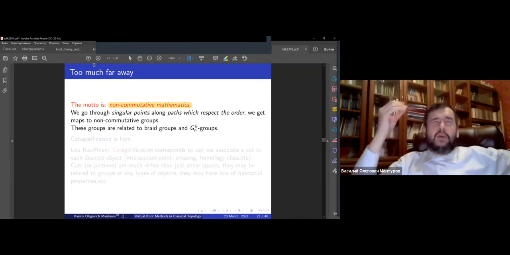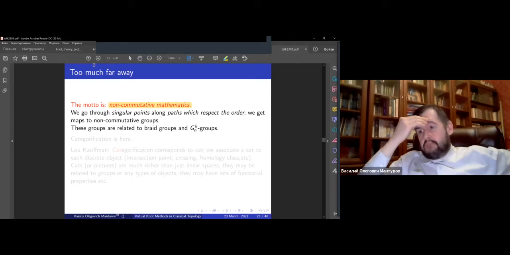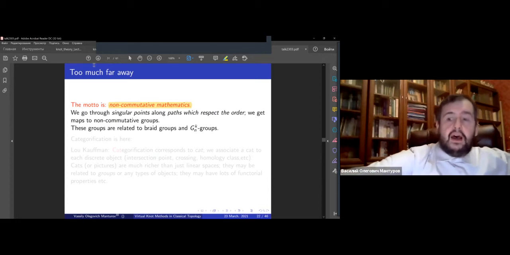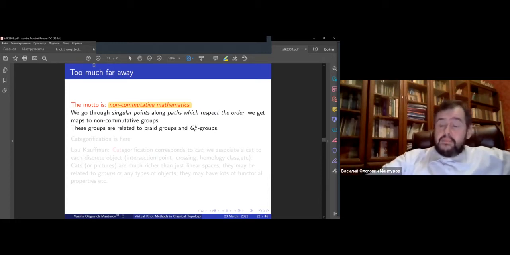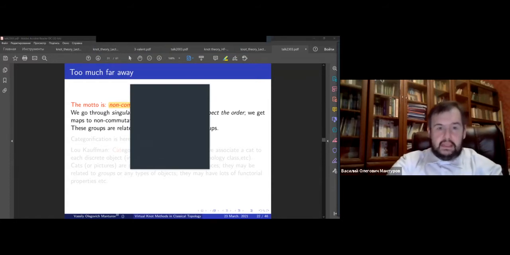So I assume I can find a way to carry on. Assume I can make it non-commutative. Then I can have funny invariants valued in non-commutative groups. And actually, there are some instances of this principle, but I will not touch on them today.